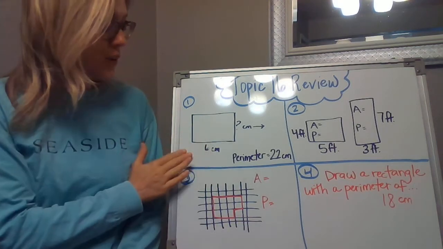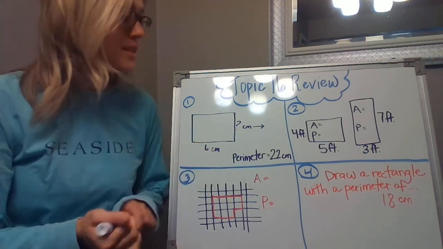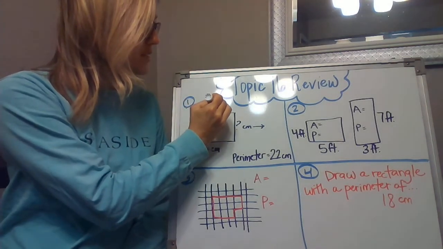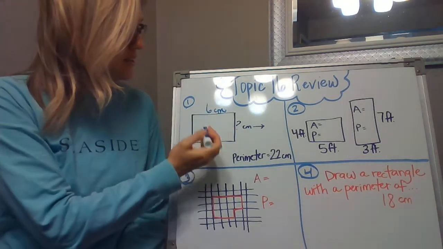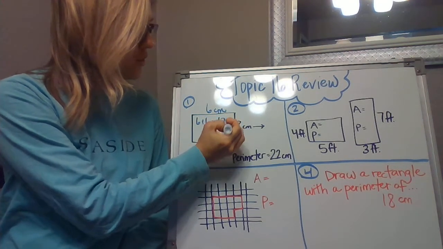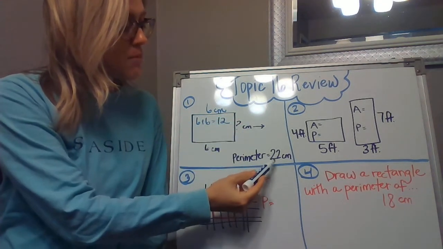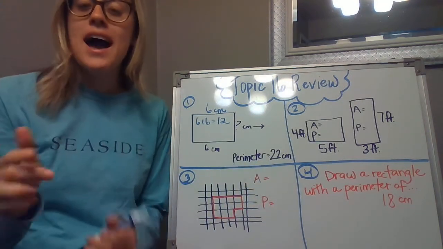All right, so for question number 1, we know that the bottom one is 6 centimeters. So I know for sure the top is 6 too, because that's how a rectangle works. And 6 plus 6 is 12. So I need to figure out how many more to get to 22. Well, 12 to 22 makes 10.